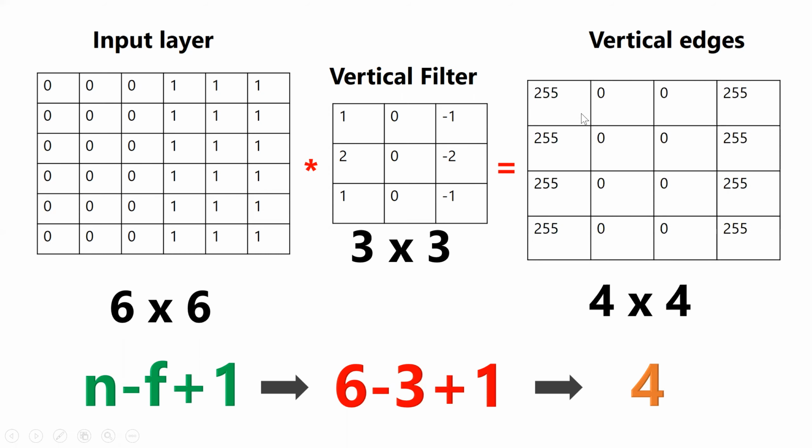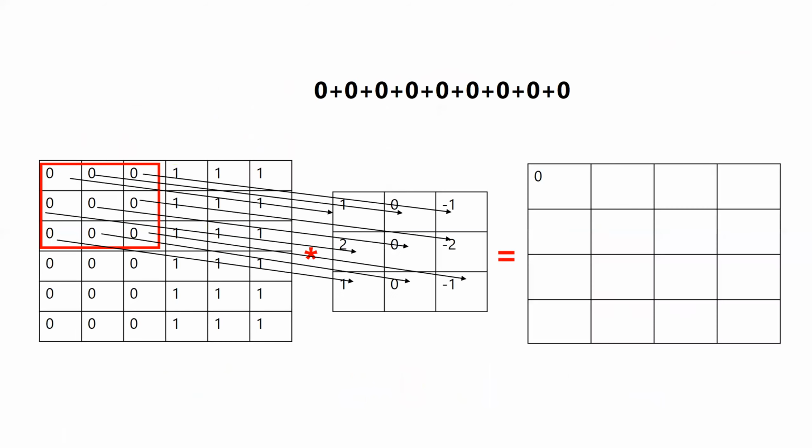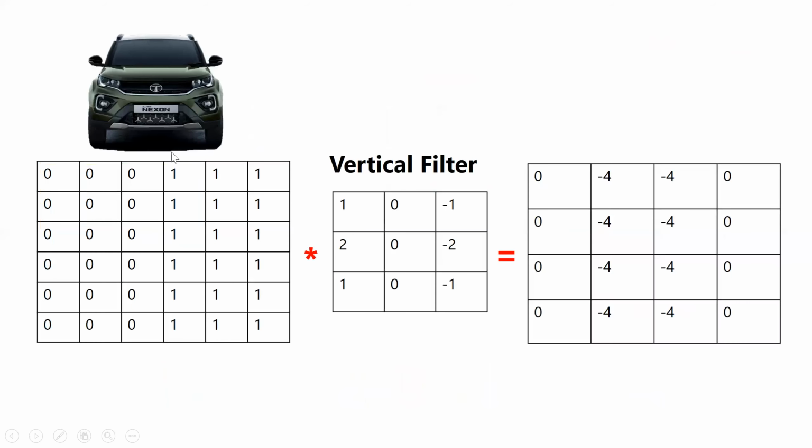So once we apply the min max scaler, here we can see some stripes, or some images. Here also we have some images. In between it is completely 0. That's how our image is identified. Here you can see, right? So this is one vertical edge, this is another vertical edge.